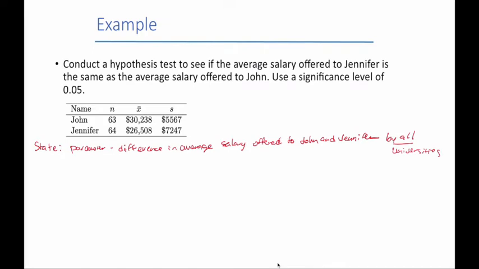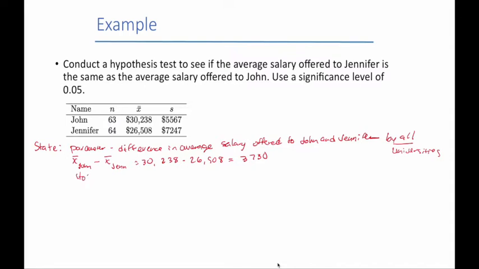Our statistic, x bar John minus x bar Jen, is going to be 30,238 minus 26,508, which is 3,730.